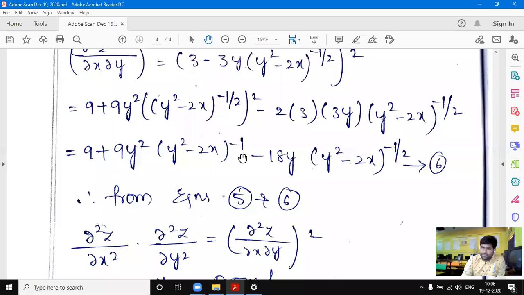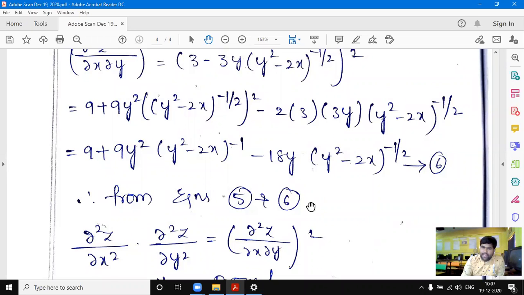So that is −1. So here 2 into 3 is 6, and 6 3s are 18. So minus 18y into this one, (y² − 2x)^(−1/2). So 9 plus 9y² into (y² − 2x)^(−1), minus 18y (y² − 2x)^(−1/2). So this is equation number 6.